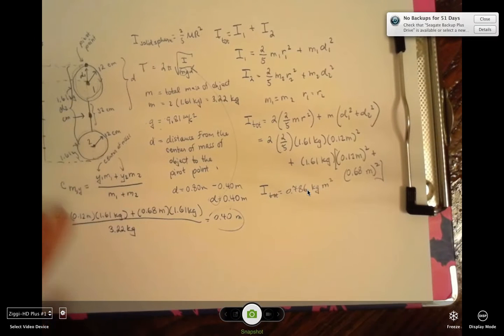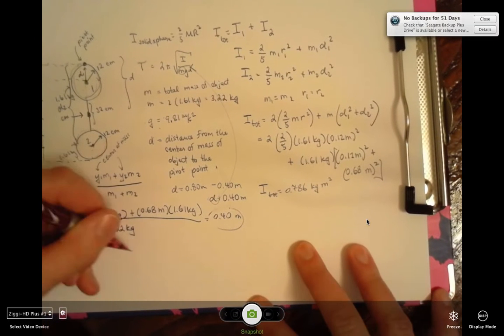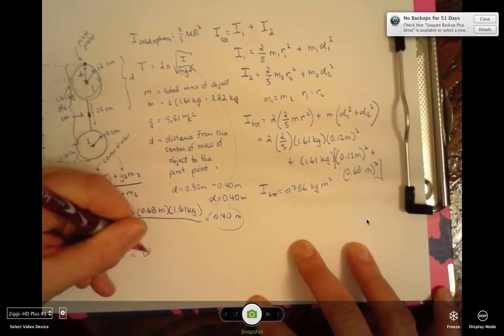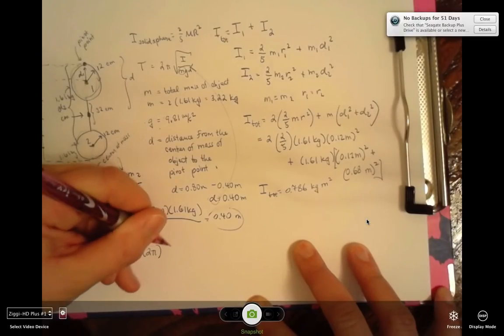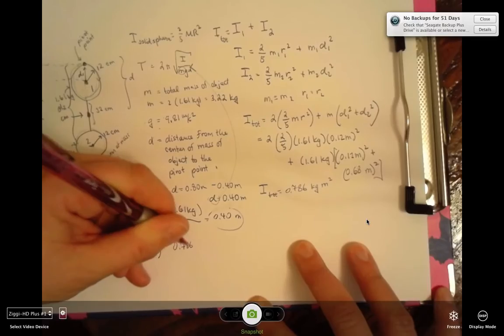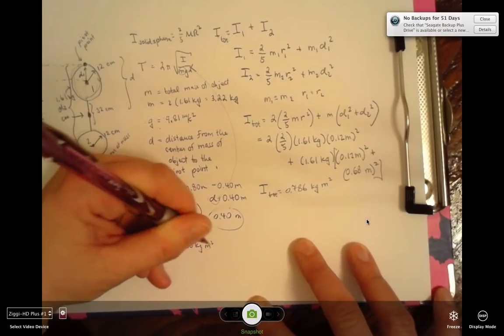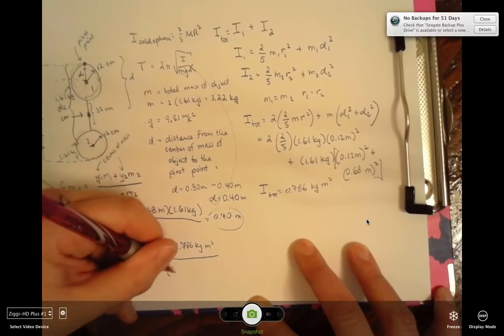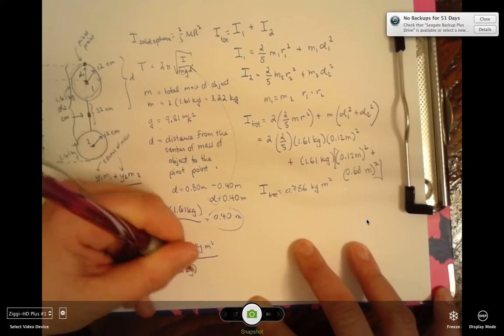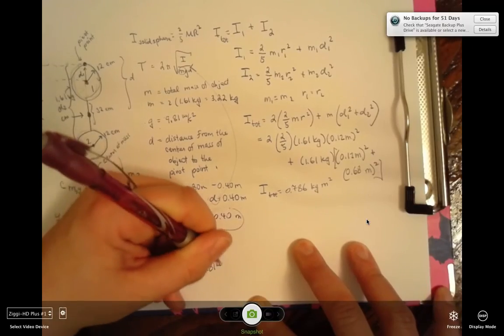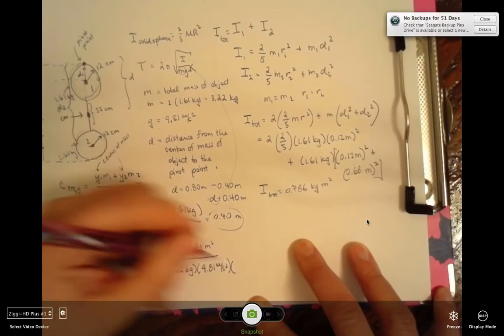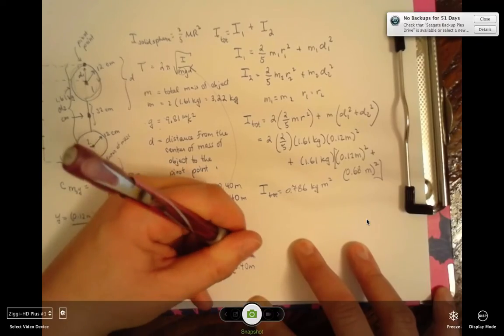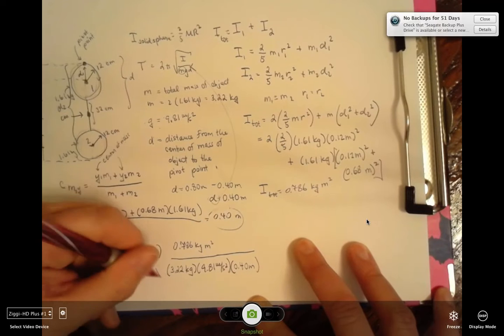All right, so now that you've got your total moment of inertia, you just plug everything into this equation. So this is going to be 2 pi times the square root of 0.786 kilogram meters squared over the total mass, which is 3.22 kilograms, times 9.81 meters per second squared, times 0.4 meters, which was the distance from the center of mass to the pivot.